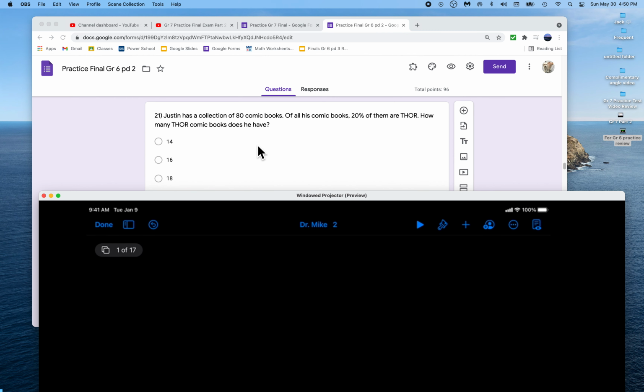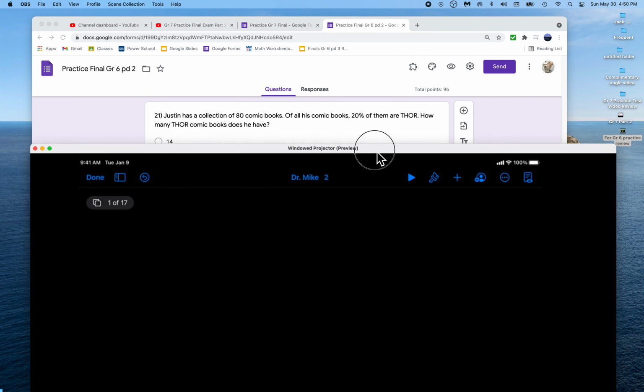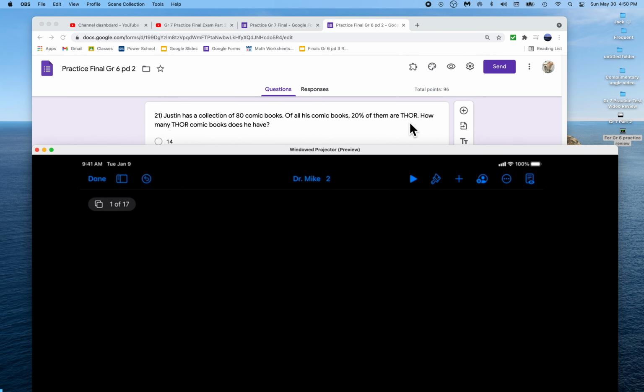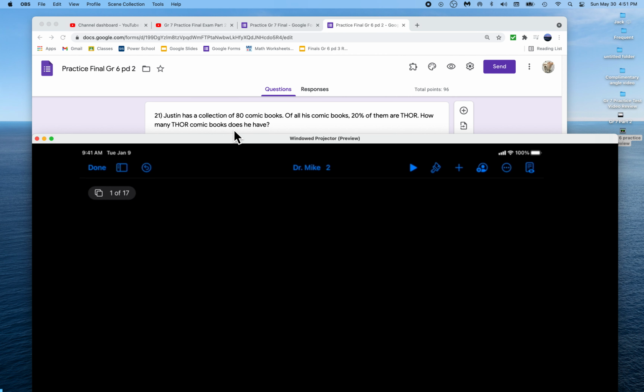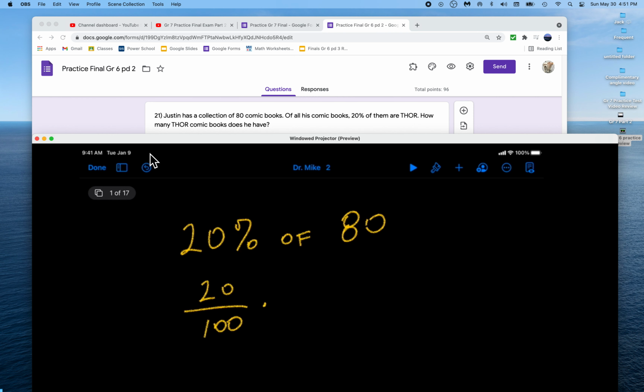Justin has a collection of 80 comic books. Of them, 20% are Thor. How many Thors are there? So basically, we need to find 20% of 80. That is 20 over 100 times 80 over 1.